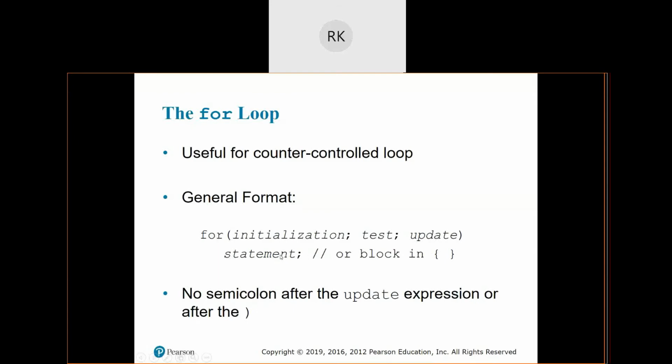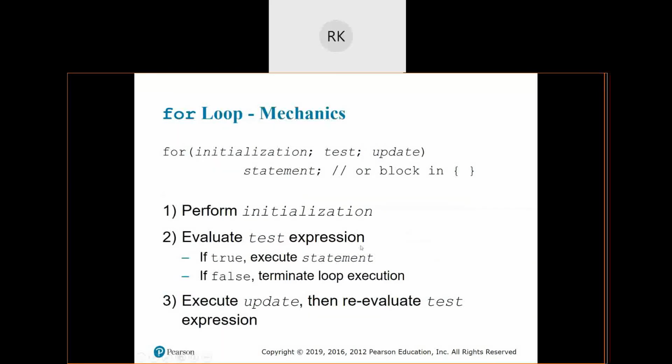The body may be one statement or a block of statements. There is no semicolon after the update, never put a semicolon there. If you put a semicolon there, the statement will be skipped and will not be considered the body of the for. So this is how to write a for loop.